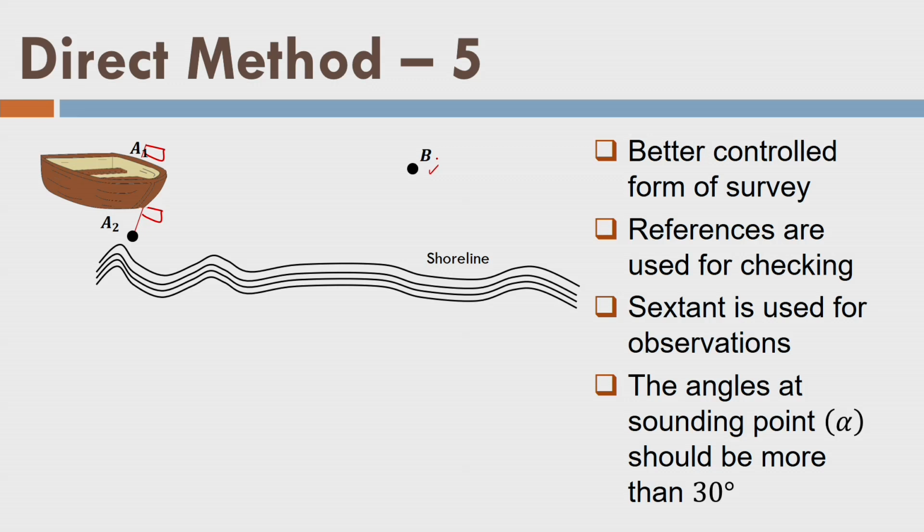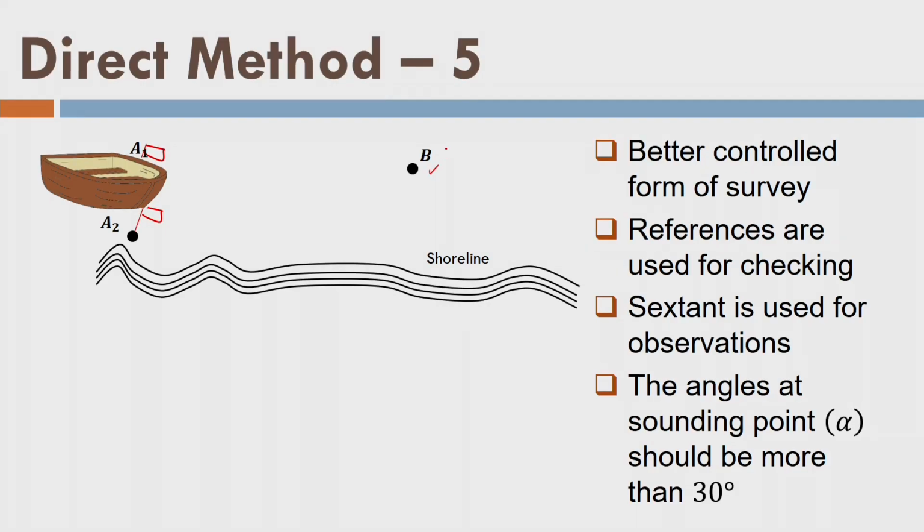I am not only measuring the time and the speed of the boat, which is constant. A surveyor who is in the boat is measuring the time, and he is also measuring the angle to point B. That means B is my reference point, A1 is also a reference point, so there is a reference line between them.